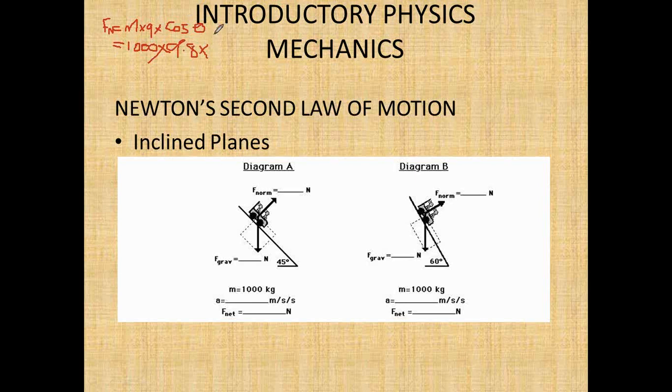Let's look for the cosine. So you take out your calculator. When you get a problem like that, you have to take out your calculator. You put in cosine 45 degrees, and that's equal to 0.7.